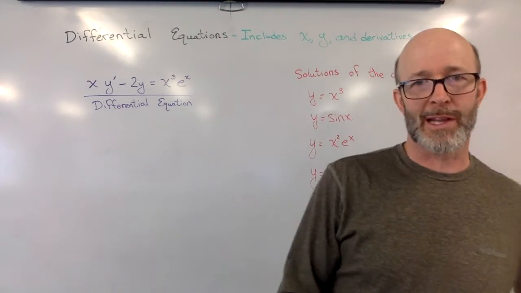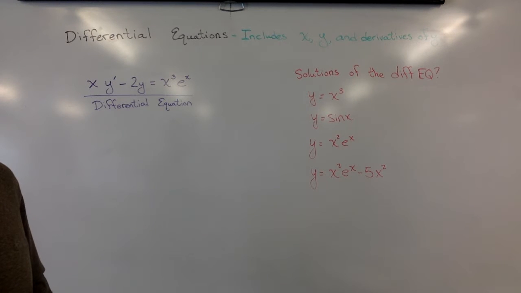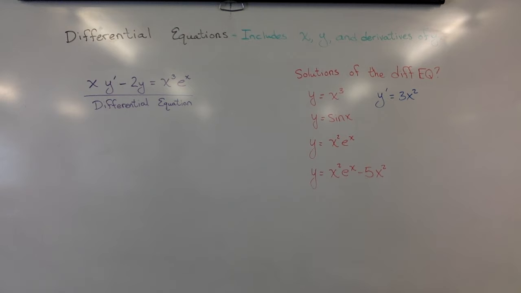Differential equation, we got one over on the left, and we have some possible solutions to it on the right. So what that means is, could I actually plug these in to find if this is a solution for the differential equation there? It's really this simple. See that first one, y equals x cubed? The derivative of x cubed is 3x squared.